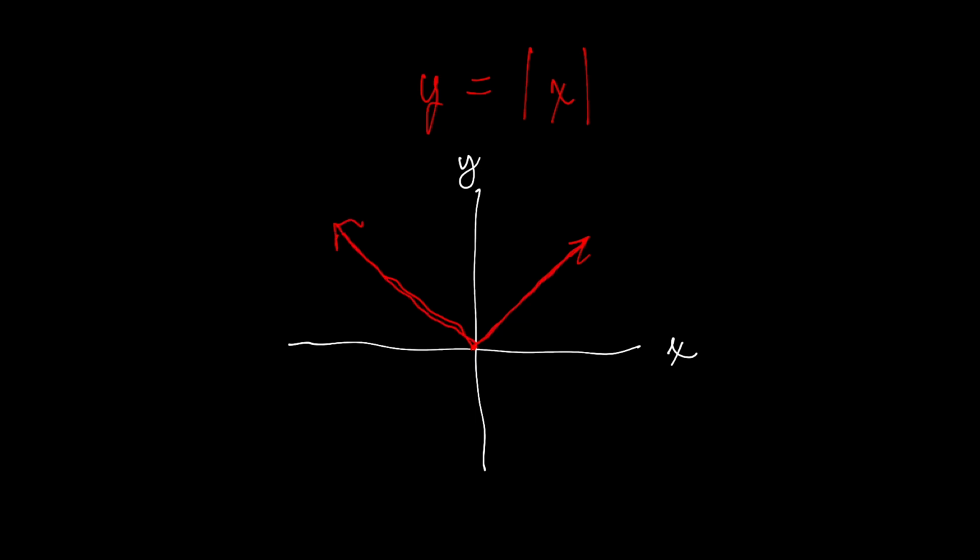But this is the parent function for y equals the absolute value of x. And once we get to the lesson on shifting up and down and left and right, everything is based on whatever the parent function is. So without further ado, let's get on with the lesson.